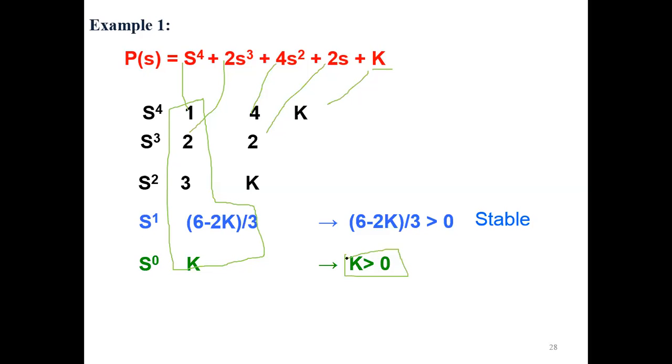For the second condition, we will solve this: (6 minus 2k) over 3 should be greater than 0. That means 6 minus 2k should also be greater than 0, and 6 should be greater than 2k, which implies k should be less than 3.